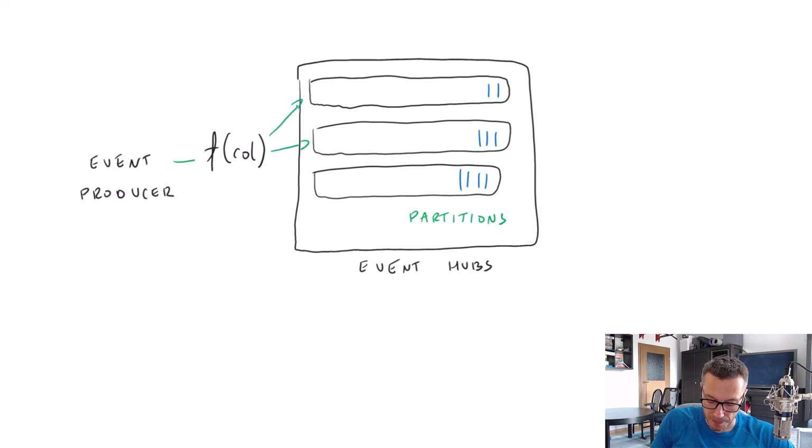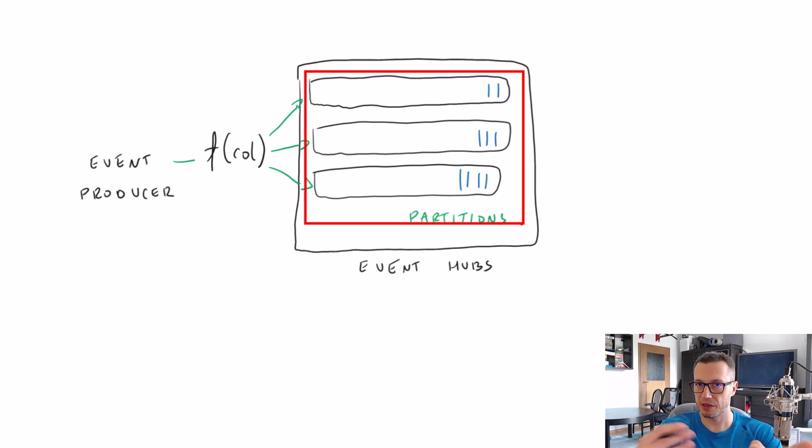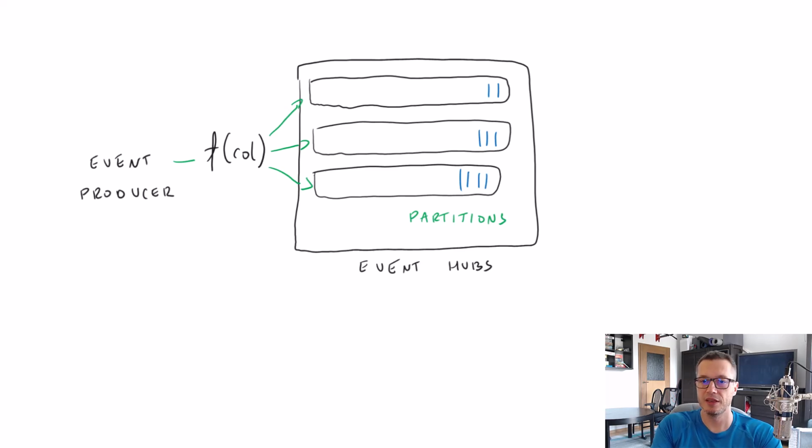So it would go like this. Now, unlike dedicated SQL pools, here we can define how many partitions we want to have. And the number of partitions doesn't change the cost. It's up to us. Let's say that we decided to have 3 partitions. And let's say that in our case, we configured the event producer to partition the data by episode ID column.